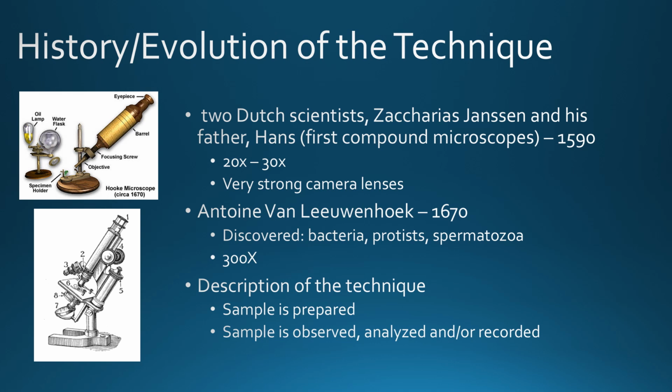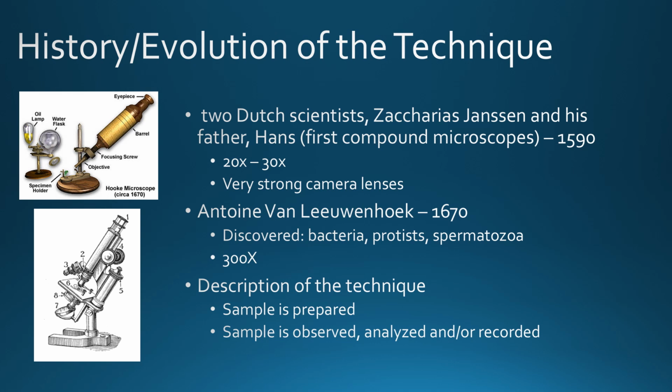Clothing was probably his occupation. Science was more like his vocation or his hobby, but he tinkered around and discovered bacteria, protists, and sperm cells from various different animals underneath his microscope.